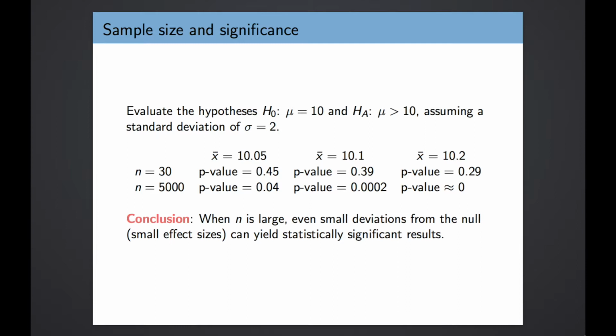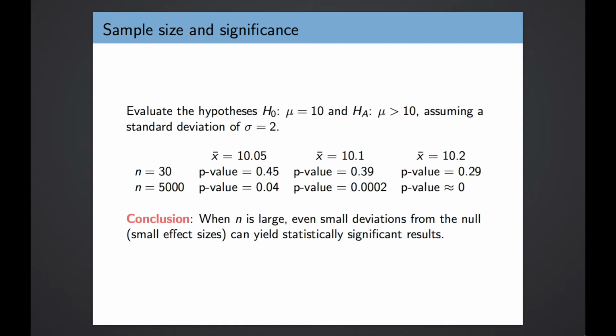When our samples are large, even small deviations from our null hypothesized value can have statistically significant results. So let's say that we've taken a sample of size 5,000 and we observe a sample mean of 10.05 and we get a p-value of 0.04, which allows us to reject the null hypothesis that the mean is equal to 10 in favor of the alternative hypothesis that the mean is greater than 10 on the basis of observing the sample mean of 10.05.